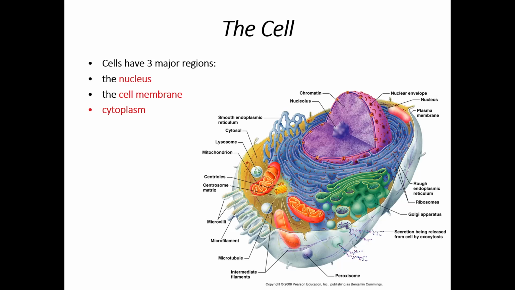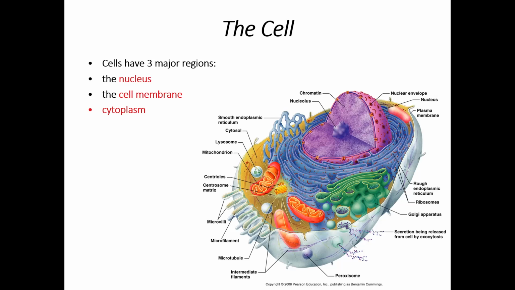They're all very specialized. Some cells have lots of infection fighters. Some cells have lots of mitochondria, that's the energy releasers. Some cells make lots of protein. It depends on what their location is and what they're supposed to be doing.